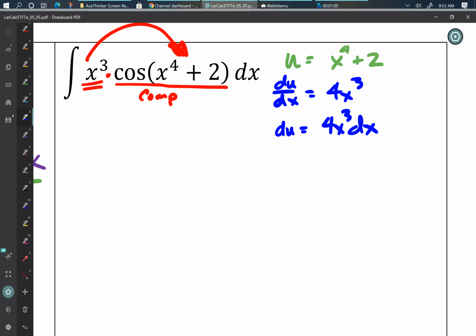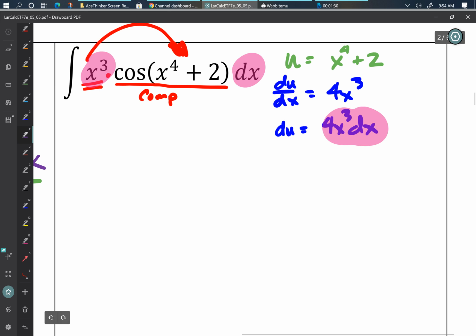And now I need to do the substitution, but I've got a problem. Do you see the problem? The substitution that I'm supposed to make is 4x cubed dx for du, but my integrand is missing that 4.